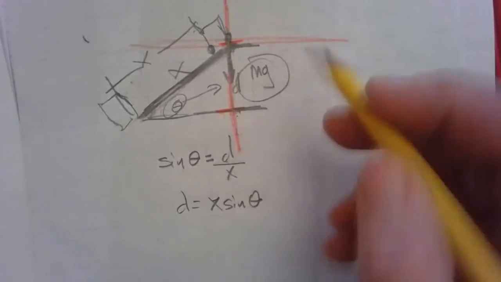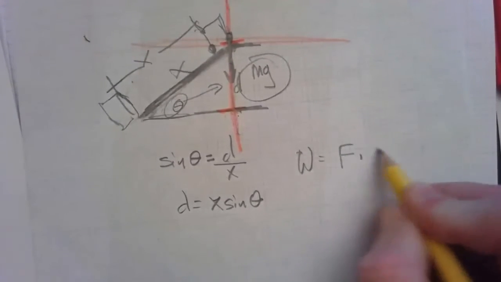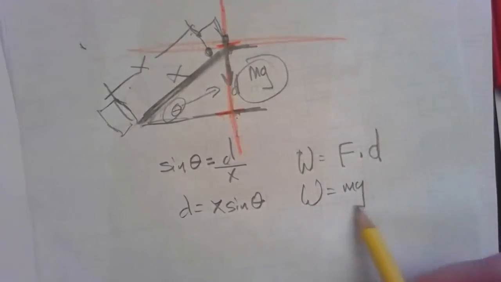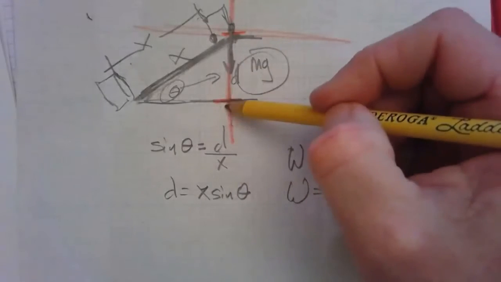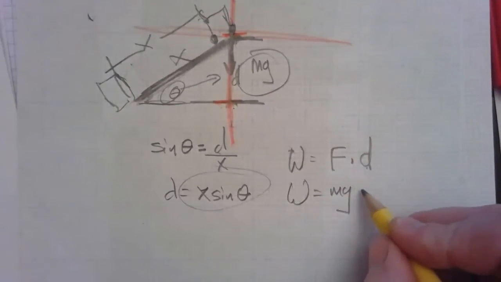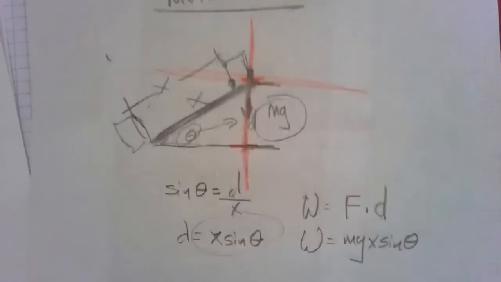What's the force? Remember, the work done by gravity in this case is the force of gravity times the displacement. That's going to be mg, but this distance, looking at it from this perspective, is a shorter distance given by this. Hey, what do you know? mg x sine theta, same set of stuff being multiplied as it was earlier, right?